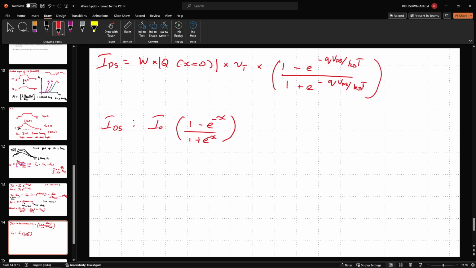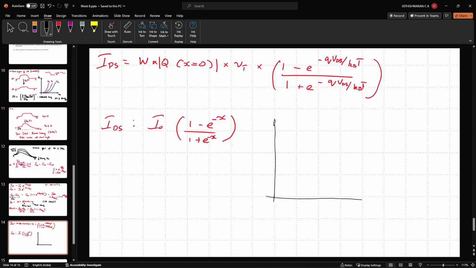To sketch the graph of this function, we can look at the limits where x is equal to 0 and x equal to infinity, and observe some other things. First and foremost, in the limit x tending to infinity, both of these quantities will be 0, so I get ID equal to I naught.